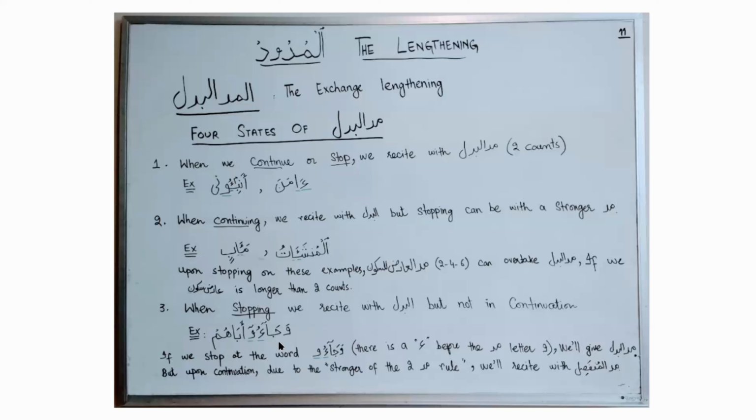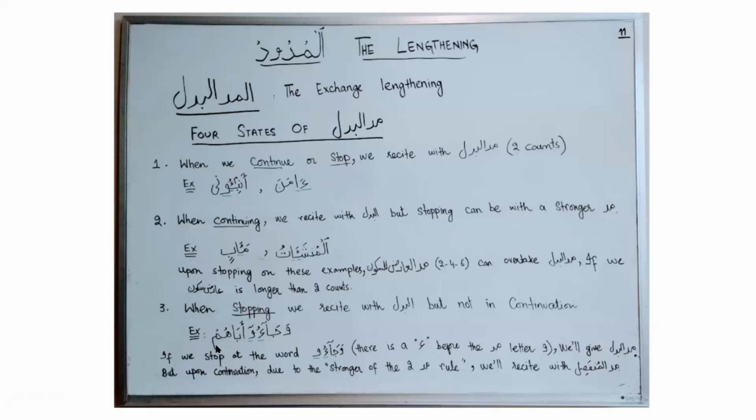But when we choose to continue and recite both of these words together, in that case, we will recite it with another mad, which is called madul munfasil. And due to the rule of aqwa as-sababain, or the stronger mad, we will recite it with madul munfasil, and inshallah we will learn about them soon.